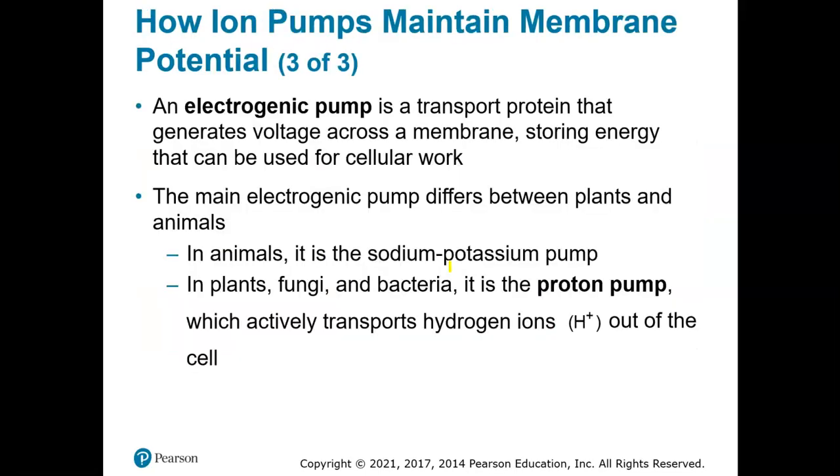Okay, here is another type of active transport, which is called the proton pump. All right, so I don't know that we have talked about hydrogen ions being protons. Maybe I did, but I can't remember. But hydrogen ions, okay, so you have to understand what a hydrogen atom is. A hydrogen atom has 1 proton, 1 electron, and 0 neutrons.